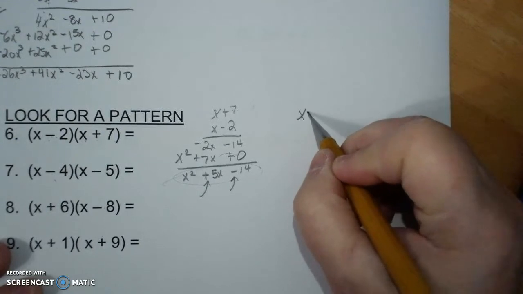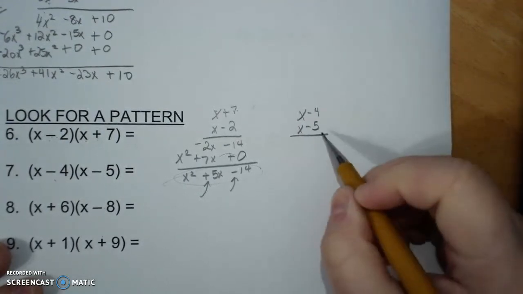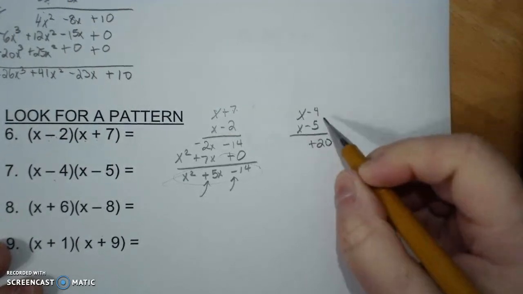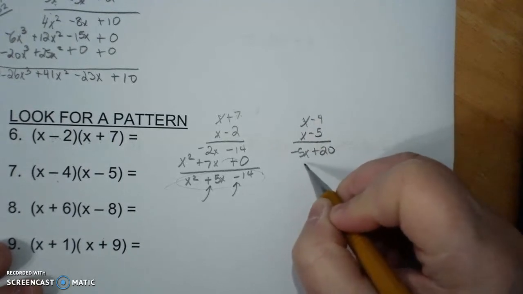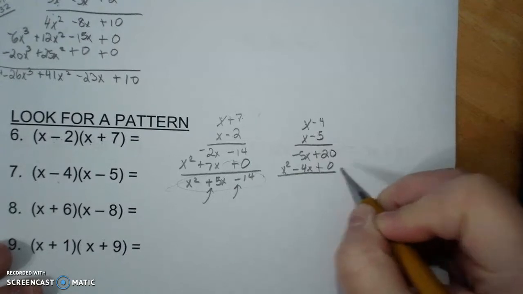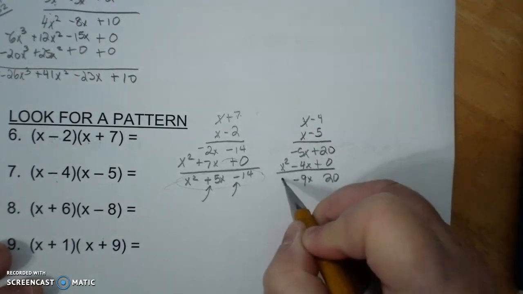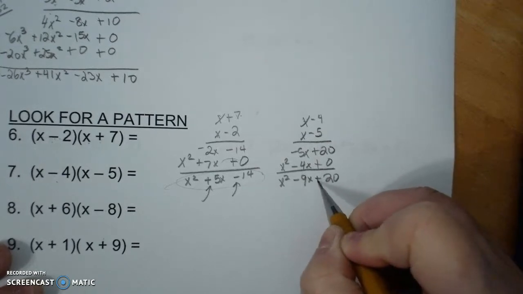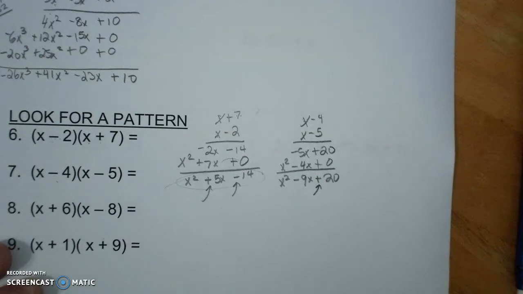Next one, x minus 4 times x minus 5, positive 20, negative 5x, plus 0, negative 4x, x squared. 20, negative 9x, x squared. That's a positive. This says the signs are the same.